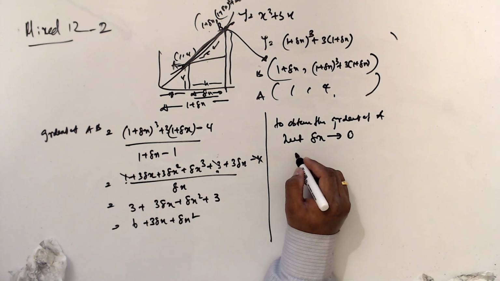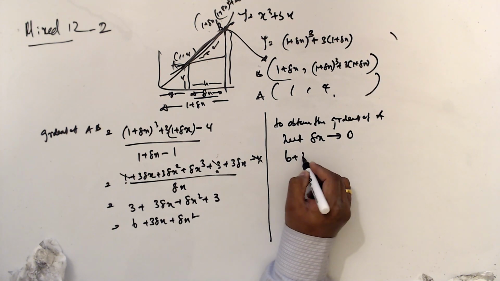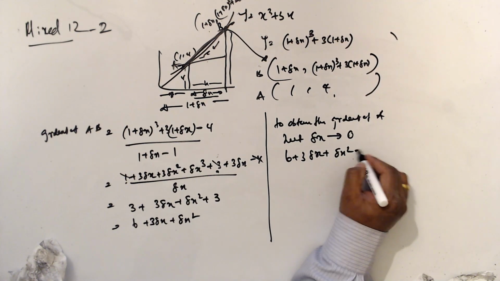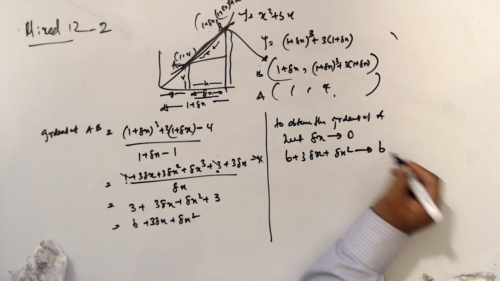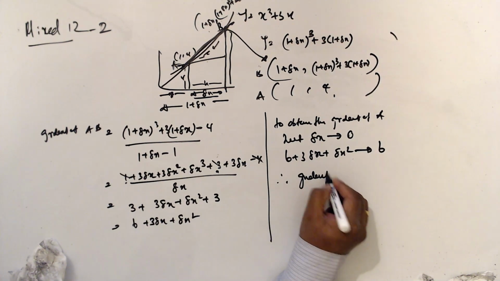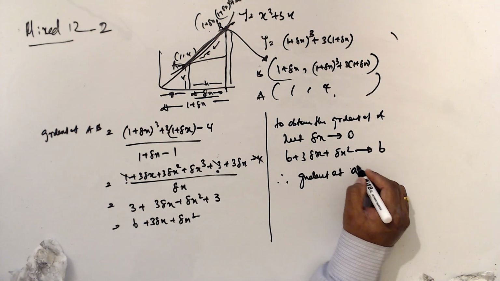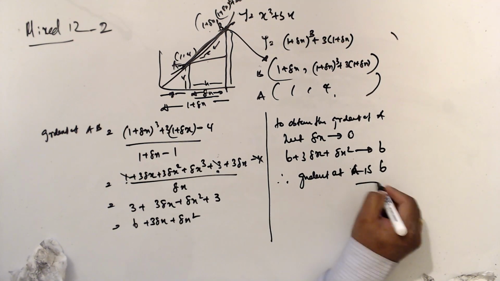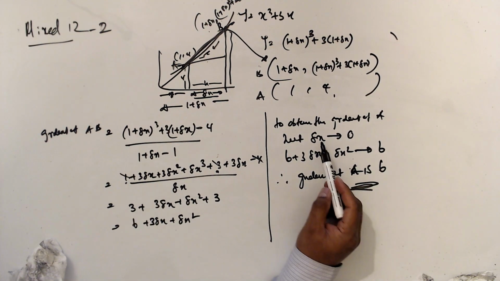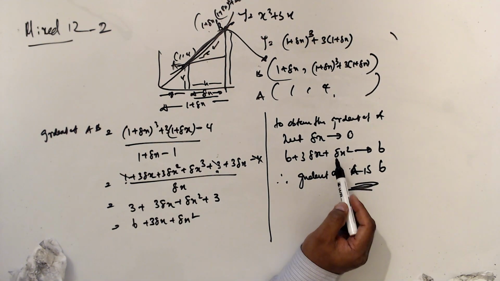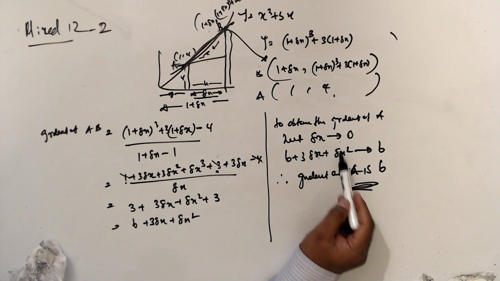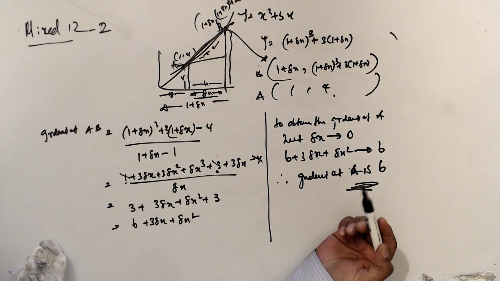Then 6 plus 3 delta x plus delta x squared tends to 6. Hence the gradient at A is 6. Simply, to get rid of delta x, you put it equal to 0.